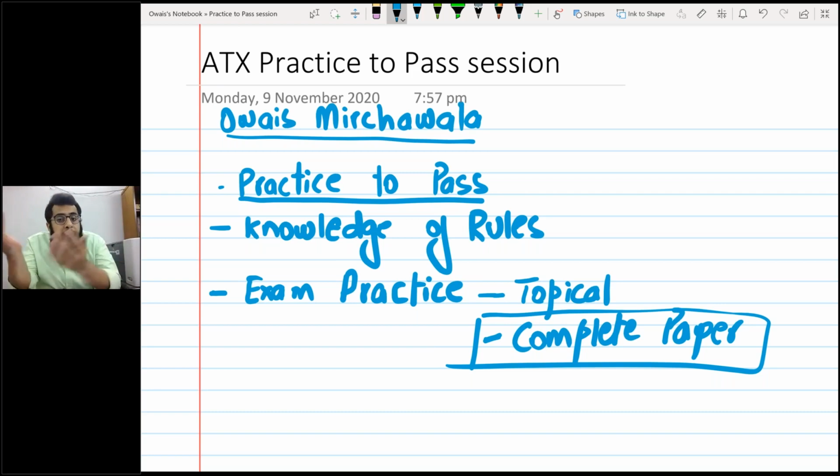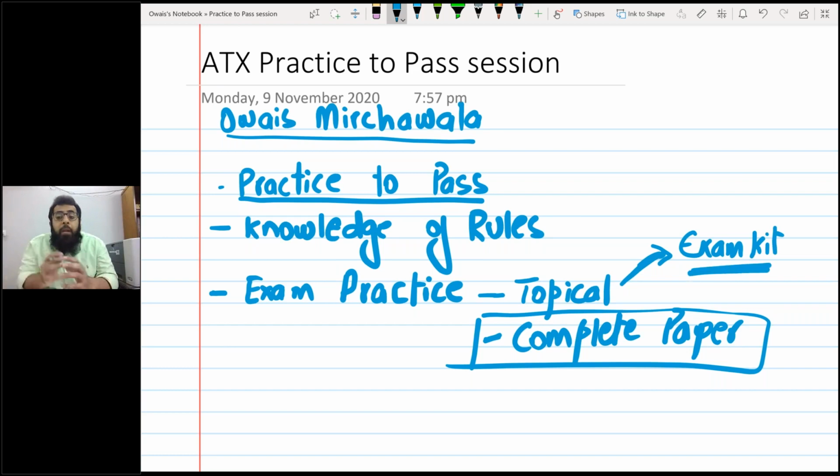Because the complete past papers available on the ACCA website get outdated due to updation of the Finance Act. So they just do topical practice from the exam kit. You learn a particular topic, you revise it, then you do the past papers of that topic. Believe me, they will always be easy. But when you practice complete papers, only then will you be able to identify your areas of weakness. What are the areas where you are lacking?